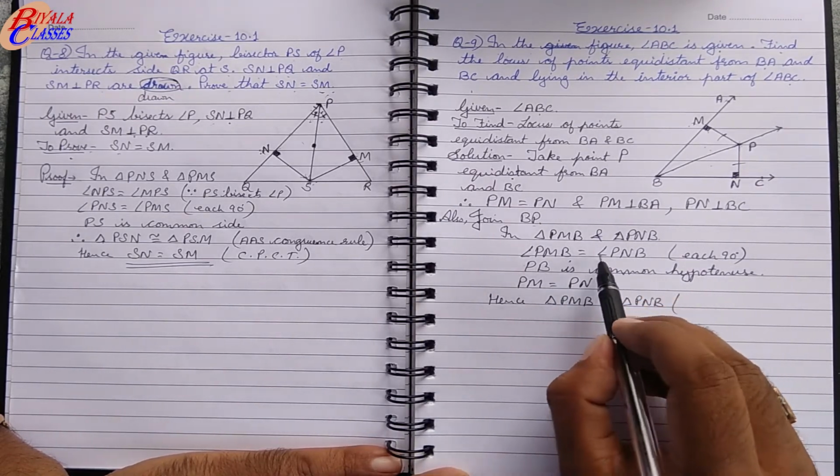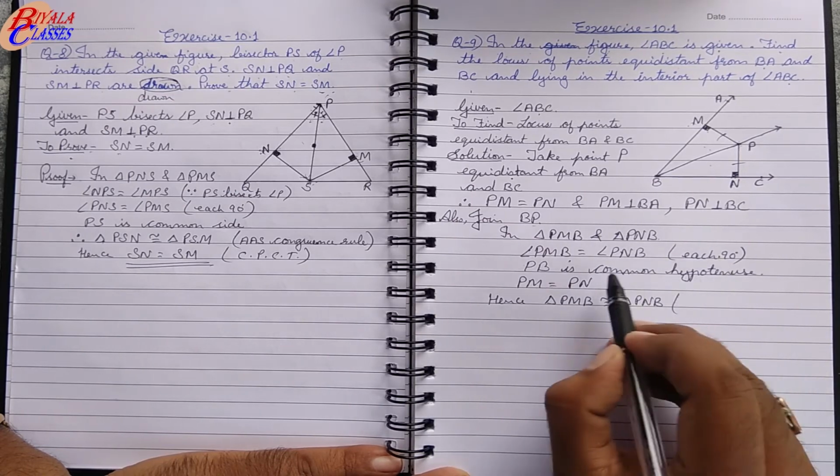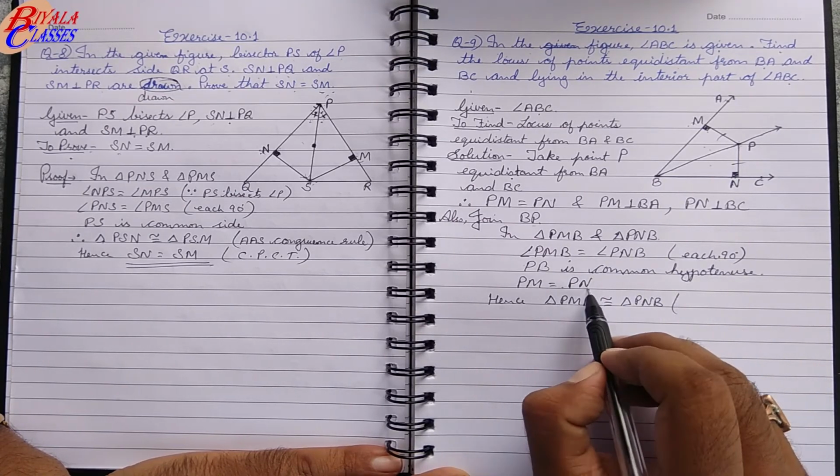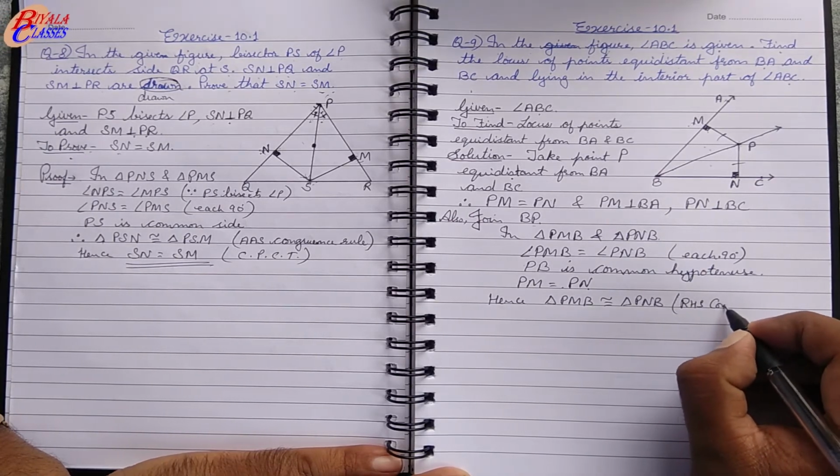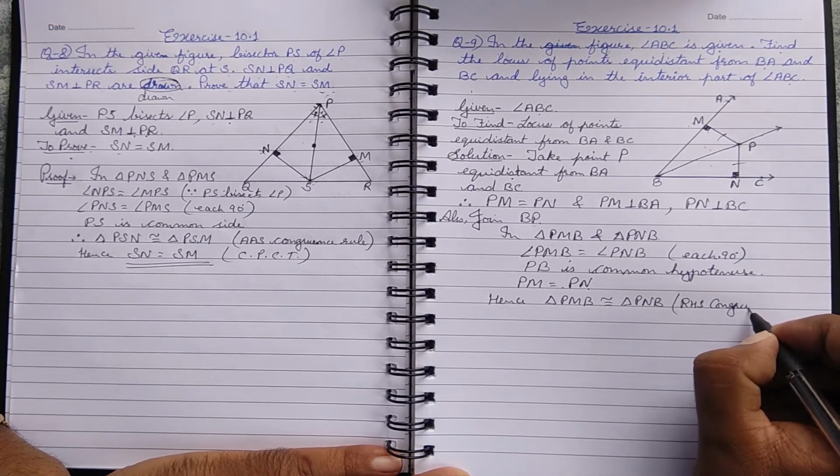Now this is by which rule? One 90 degree angle is there, one common hypotenuse, and one side is equal, so it is by RHS congruence rule.